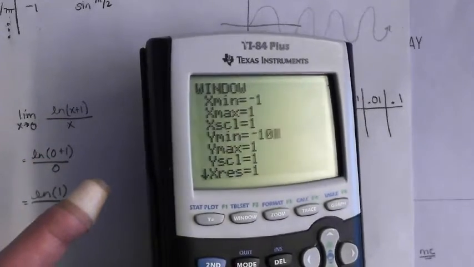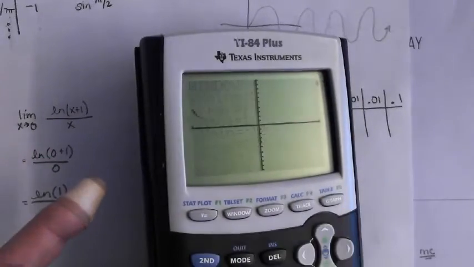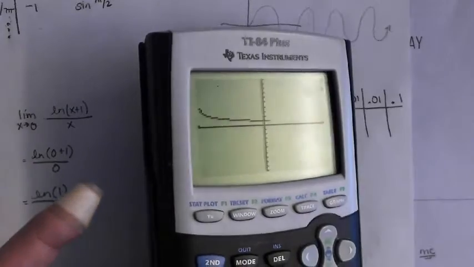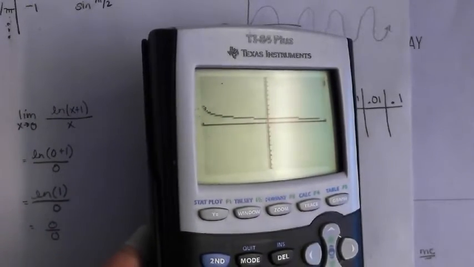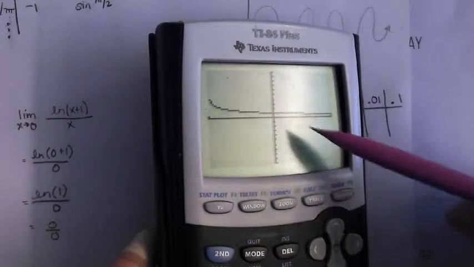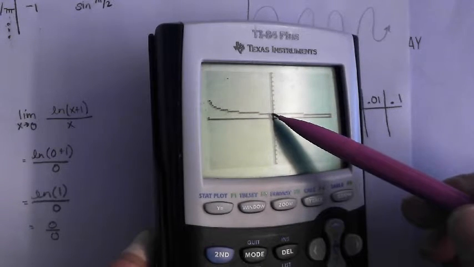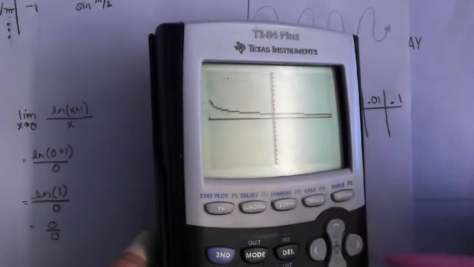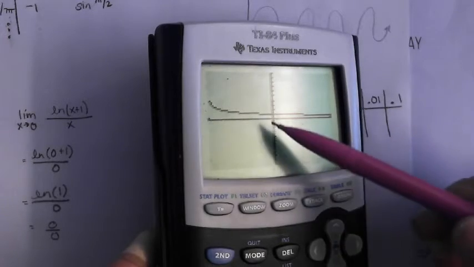On my y-axis, I don't know what's going to happen, so I'll do -10 to 10. And I can see from my graph what's happening as it approaches 0. What do you think the limit is just looking at the graph now? It looks like it's about 1.